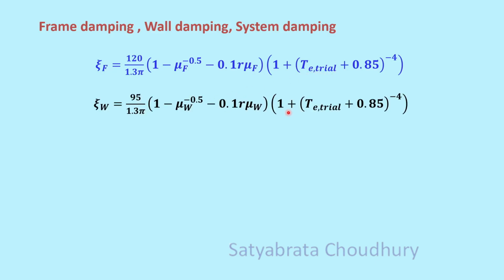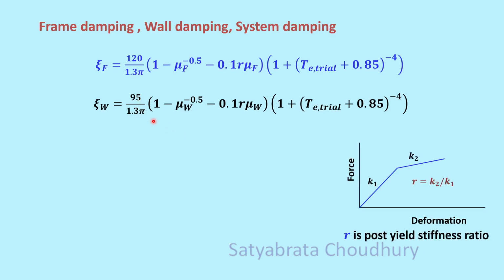So through this formula, we get the frame damping, and the wall damping. A similar formula is available, with the only change being mu w in place of mu f, and instead of 120 it is 95 divided by 1.35. So this formula we can certainly calculate.